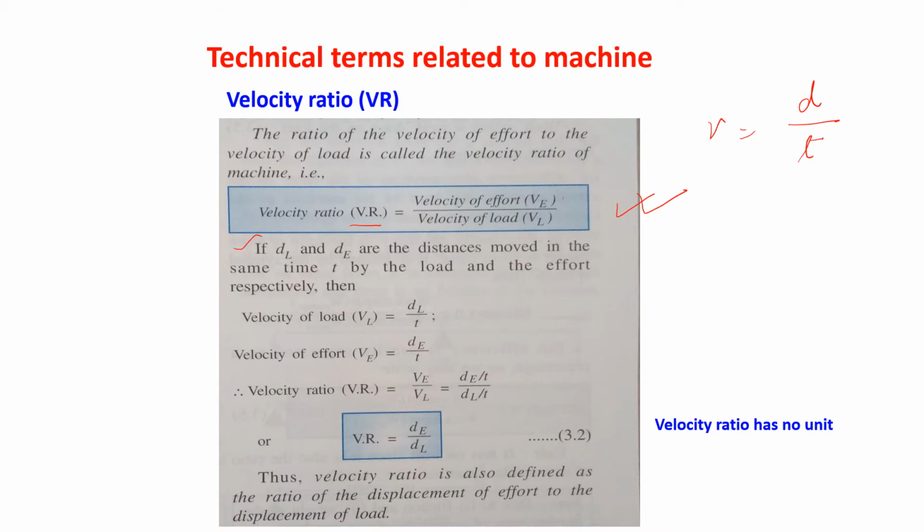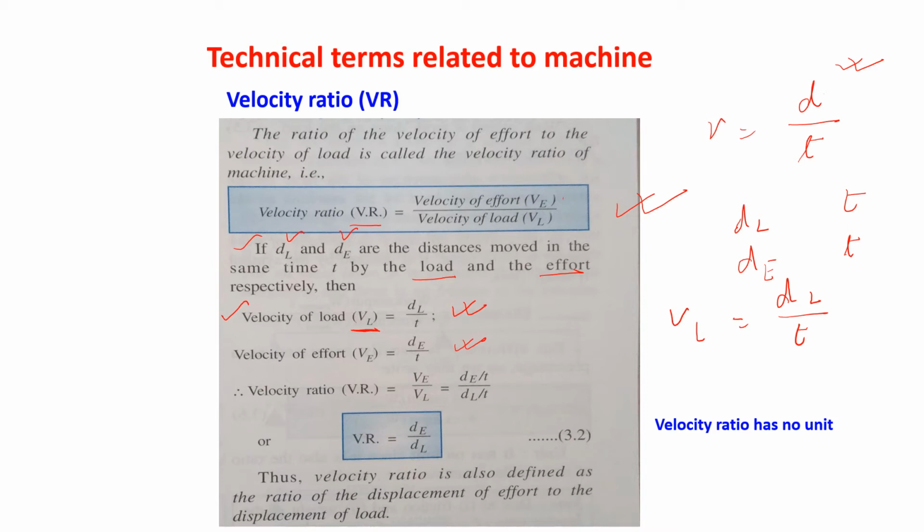So if dl and de are the distance moved in the same time t by the load and effort respectively, then the velocity of load, VL, is equal to dl by t. Similarly, velocity of effort can be written as de by t.